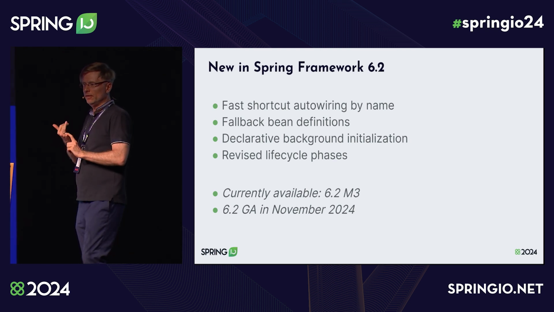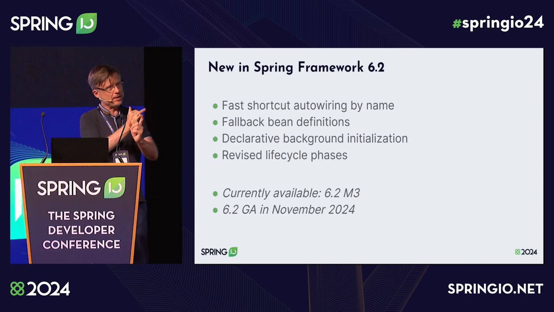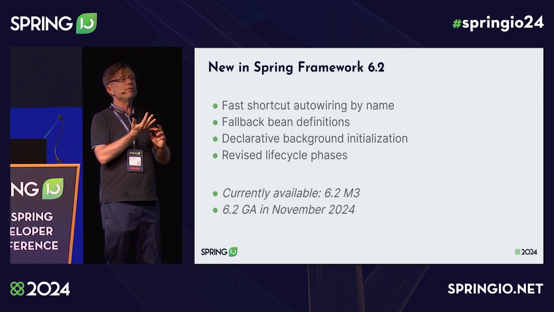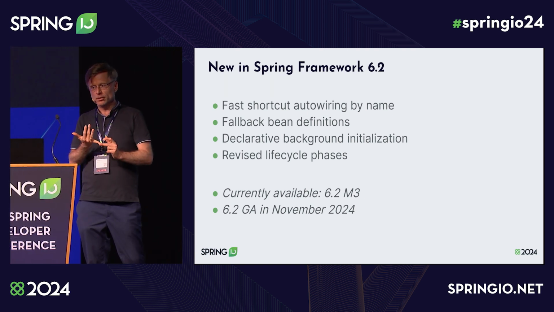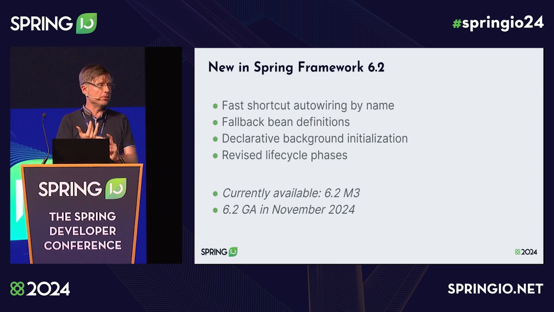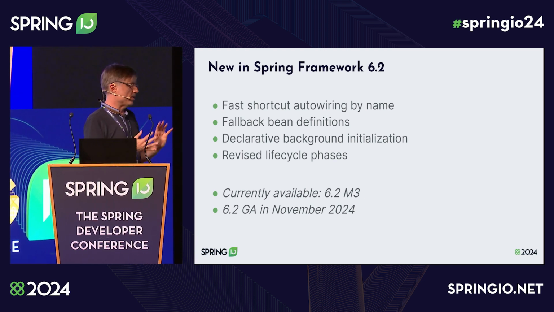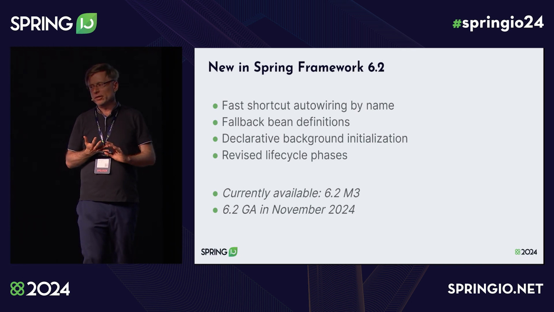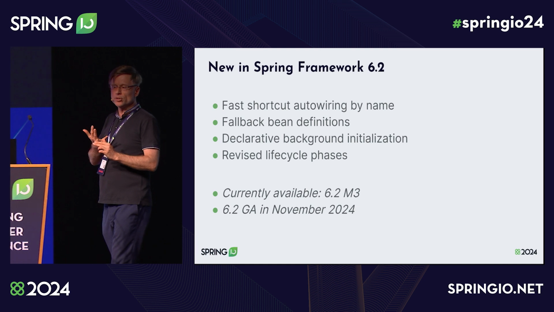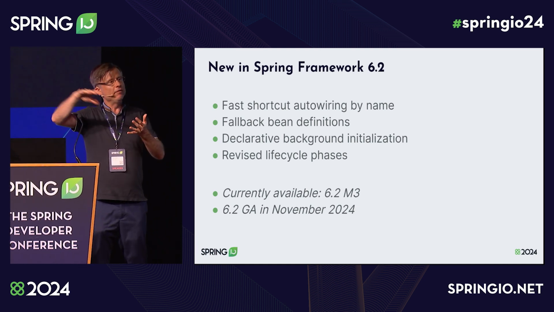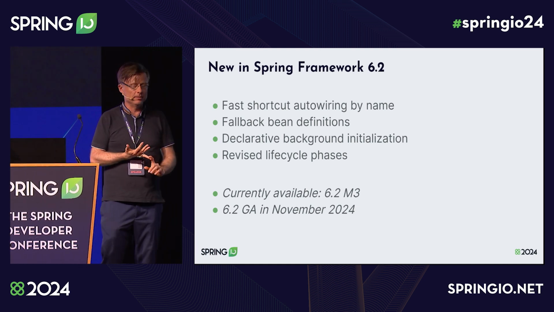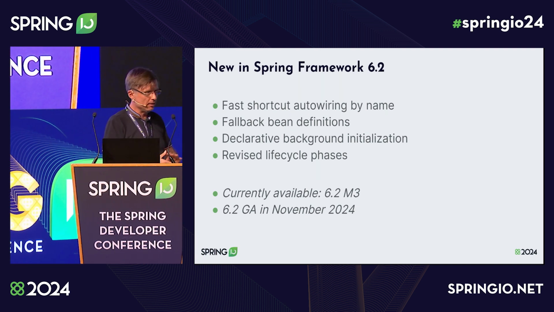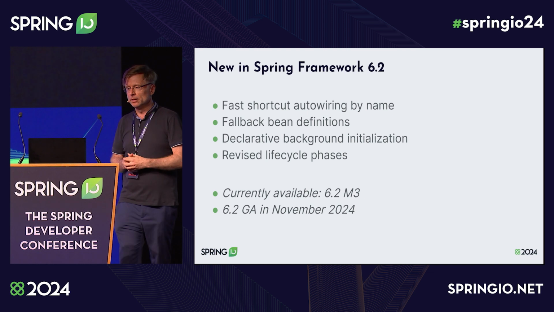The part for matching with parameter names matching the target bean names, where this actually leads to faster autowiring, to faster resolution at runtime, that's new in 6.2. With the primary fallback arrangement, primary beans have been available for many years. The part that is new in 6.2 is the equivalent counterpart, fallback, marking specific beans to usually be ignored and the regular bean to be taken instead.